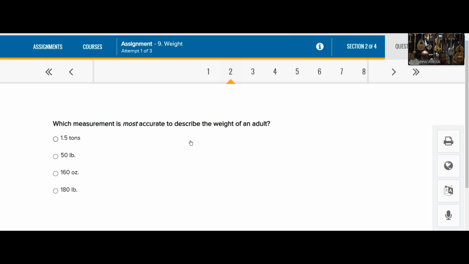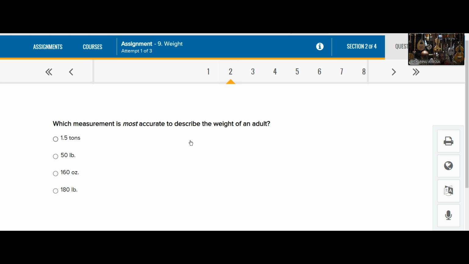Which measurement is most accurate to describe the weight of an adult? Which measurement did you say? I think it's the third option.